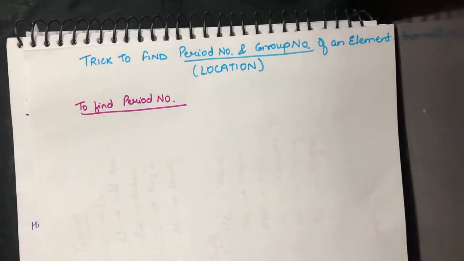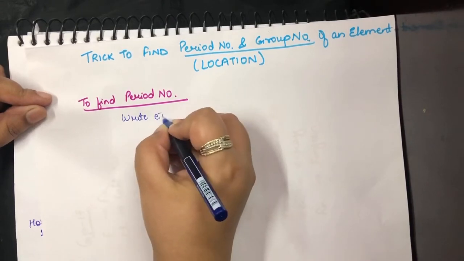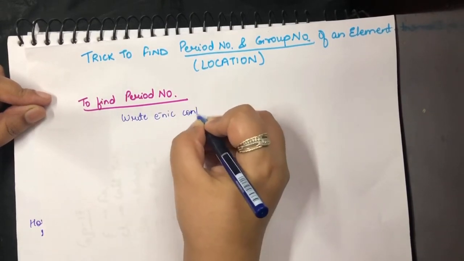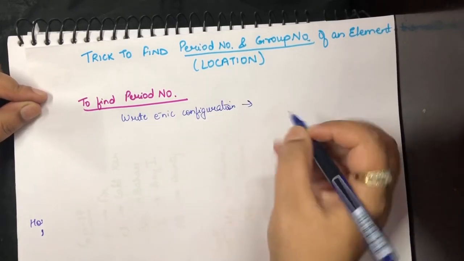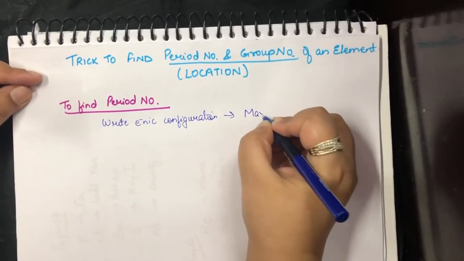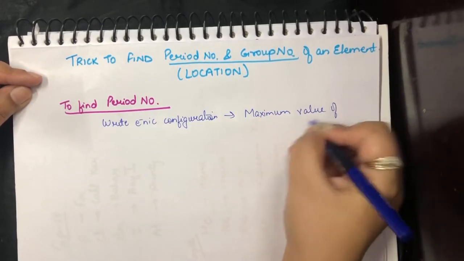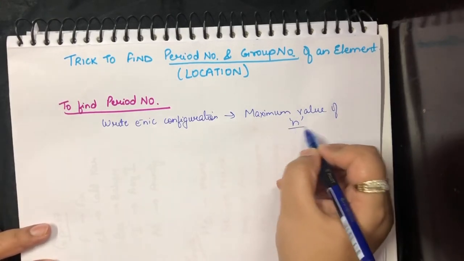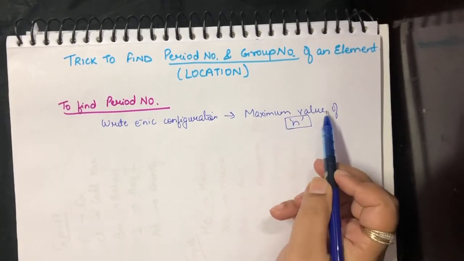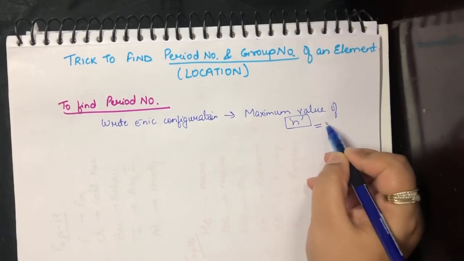If you have to find the period number, the easiest thing is you write the electronic configuration, and then you find out the maximum value of principal quantum number, right?